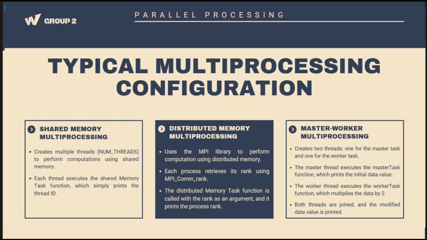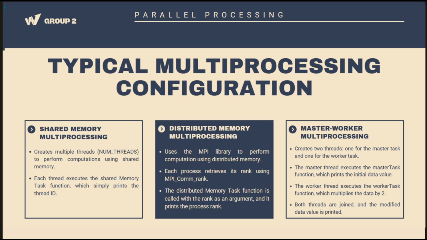Then each thread executes the shared memory task function, which simply prints the thread ID. So this shared memory multiprocessing prints the thread IDs from the NUM threads.